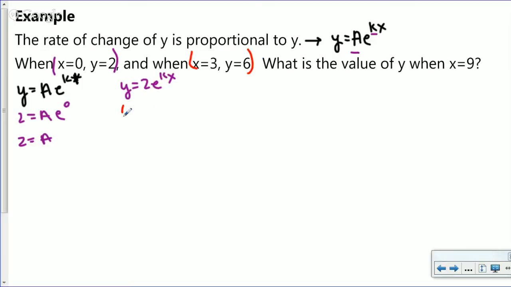So 6 is equal to 2 times e to the k times 3. All right, I'd like to solve for k, so what's the first thing you want to do? First thing we need to do is get rid of that 2 on the right side. Okay, so divide both sides by 2, I get 3 equals e to the k times 3, which is the same as 3 times k, right?